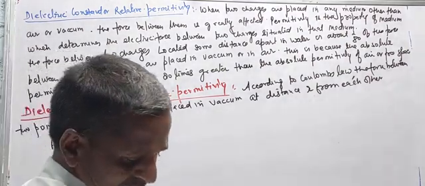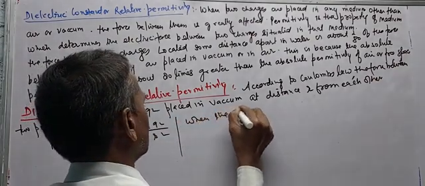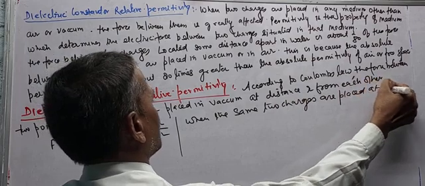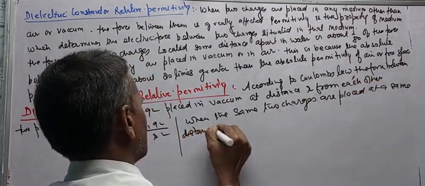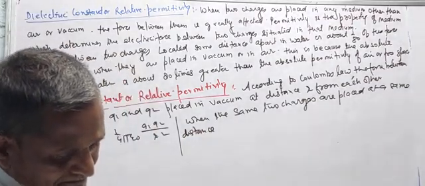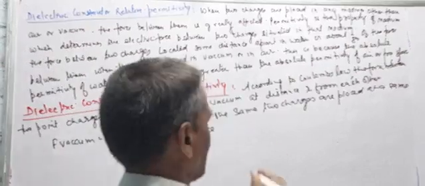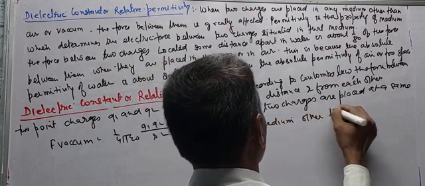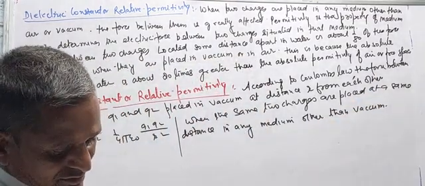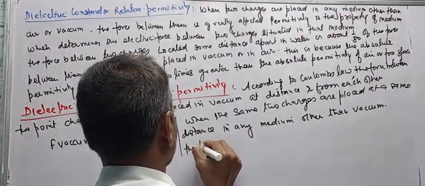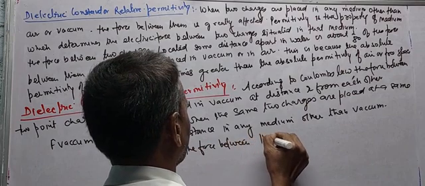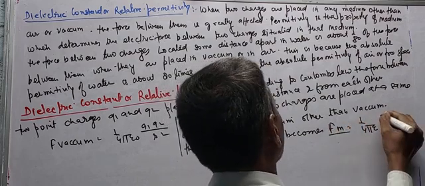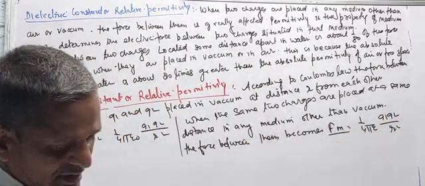When the same two charges are placed at the same distance in any medium other than vacuum, the force between them becomes F medium equals 1 upon 4 pi epsilon Q1 Q2 upon r square.